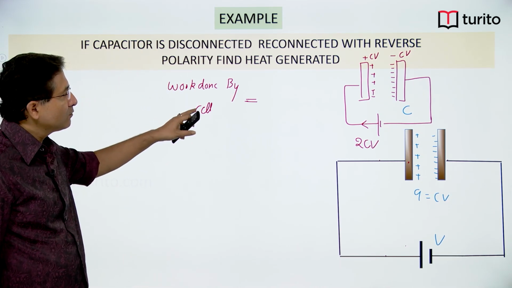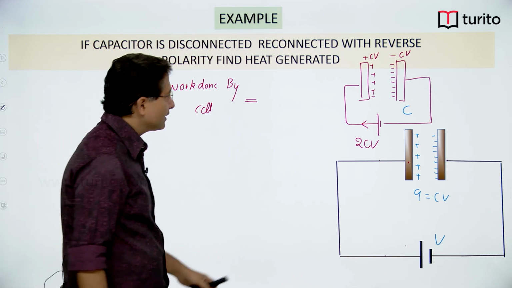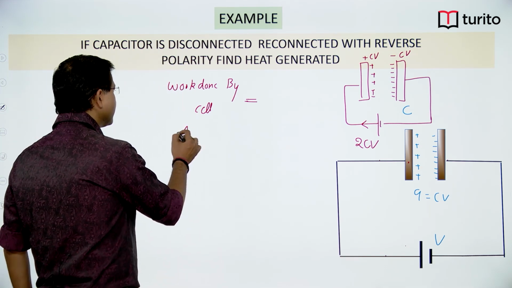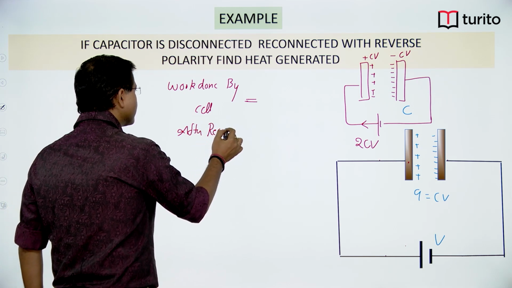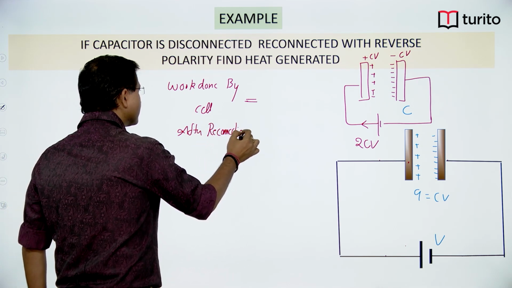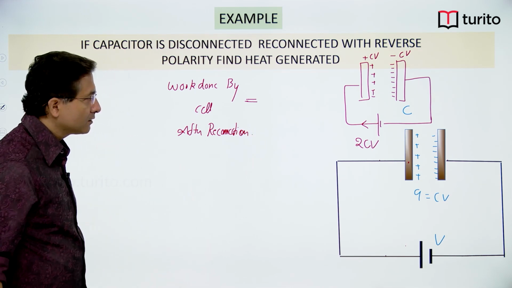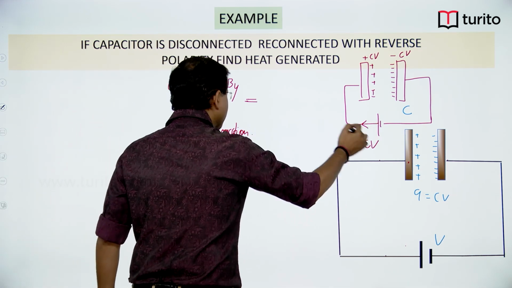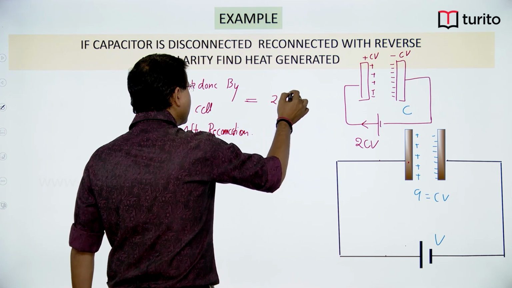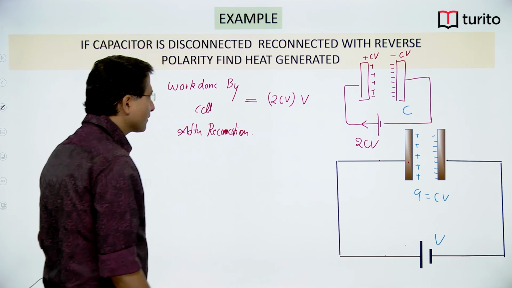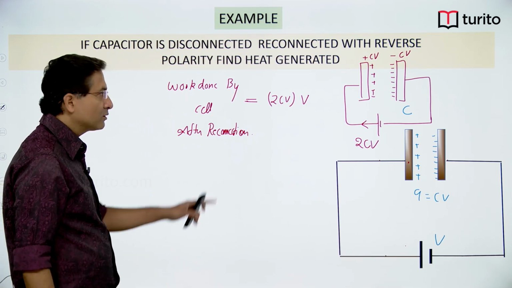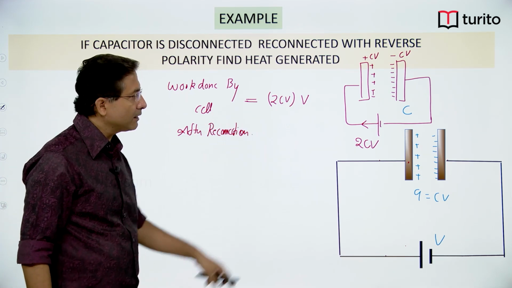I am interested in the work done by the cell after reconnection. So, the charge given by the cell is 2 CV, through potential difference V, I multiply this by V, right. So, we are getting 2 CV square as the work done by the cell.